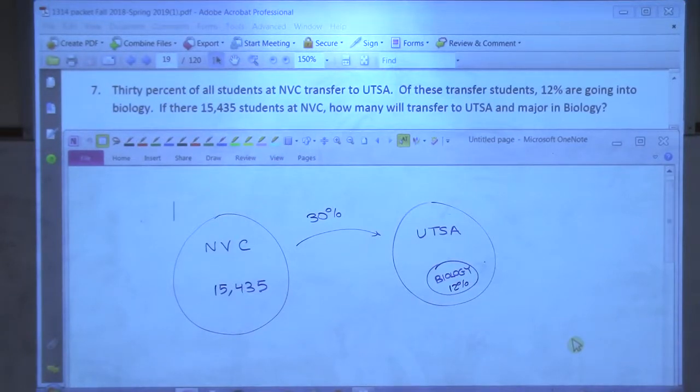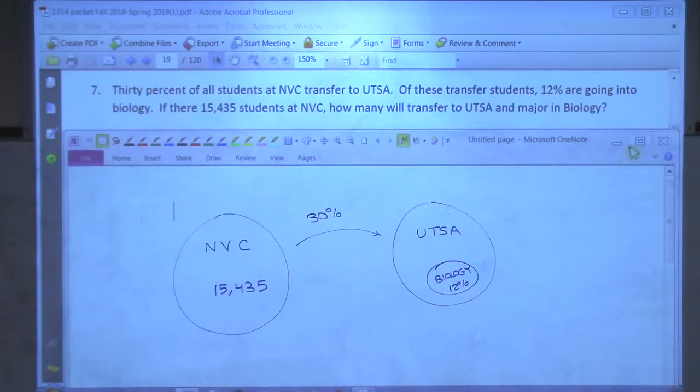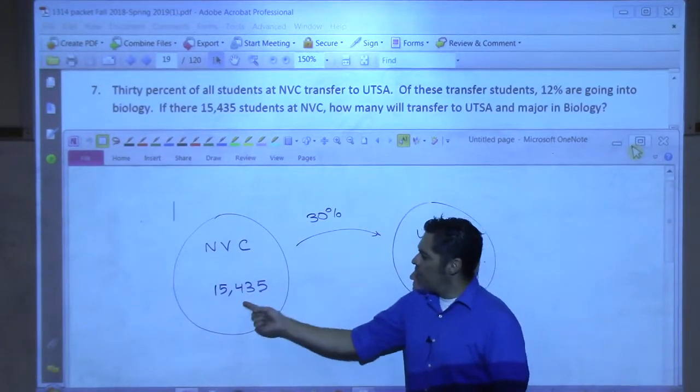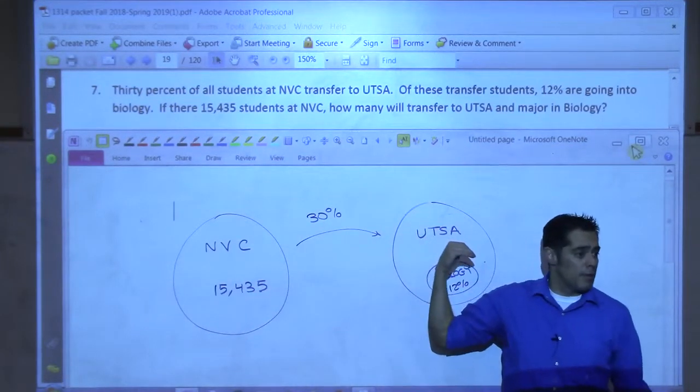I've already heard kind of an approach which I agree with, but starting with that picture, someone give me a way. You have to divide 0.3 by the other number. So this one right here. So first thing we can do is figure out how many students are going over first, right?